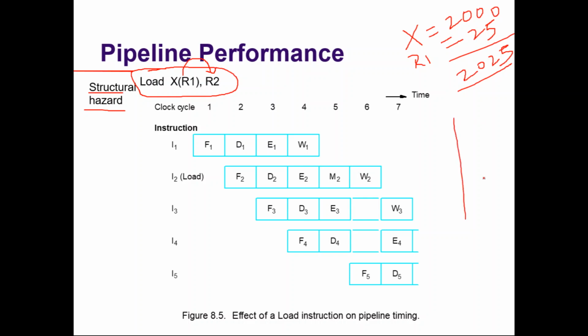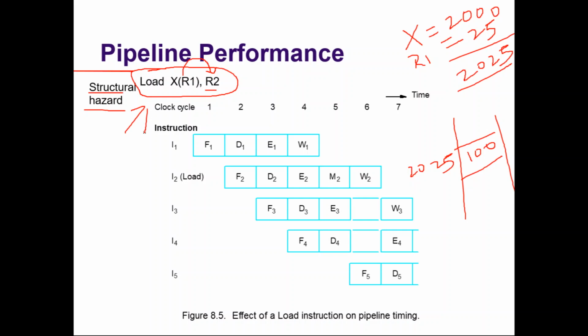Say the location 2025 contains 100, then this 100 will be moved to R2. This is what it is going to do. We are going to discuss this example under structural hazard.